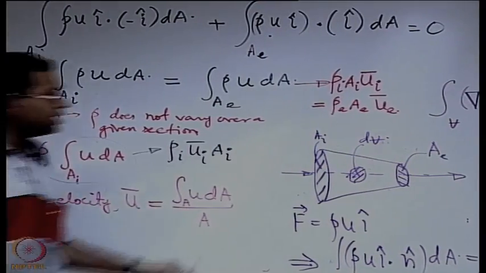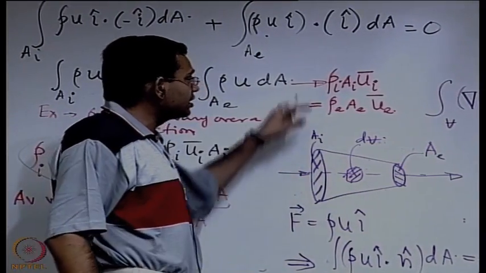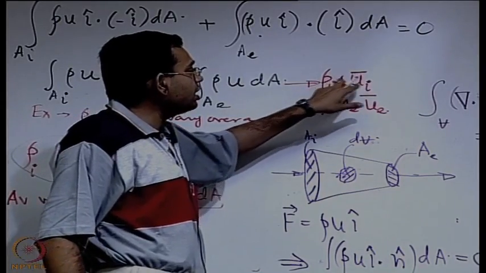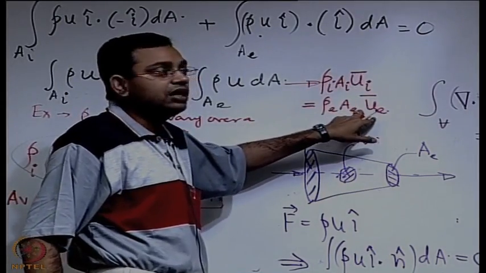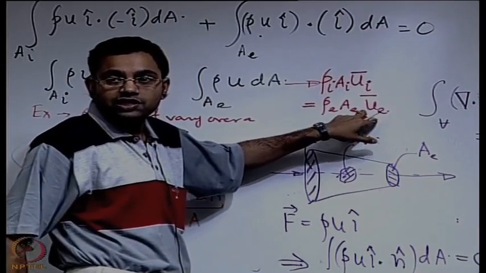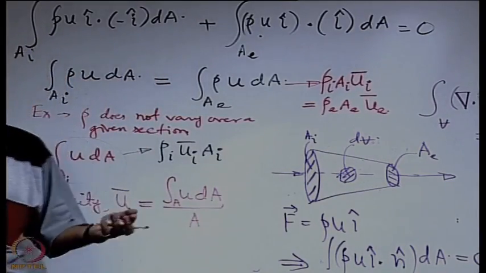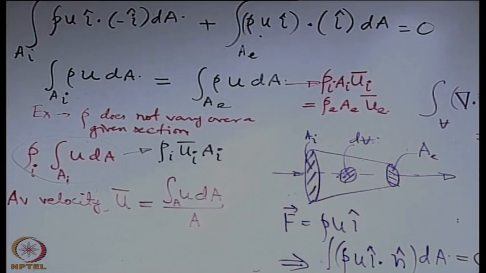If the densities are not varying spatially, then rho I and rho E get cancelled out. So you get AI uI average is equal to AE uE average, which is like A1 V1 equal to A2 V2. These types of equations you have used earlier for solving simple problems.